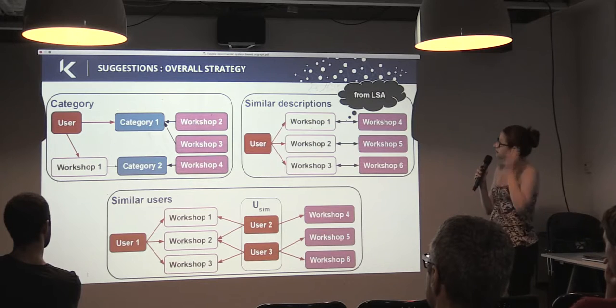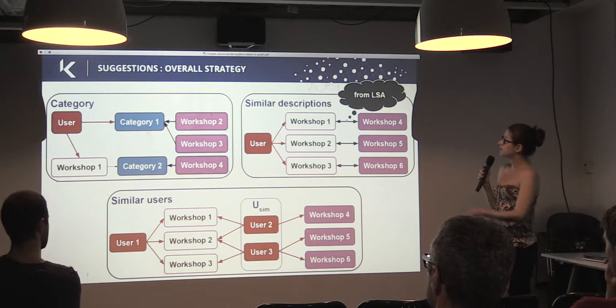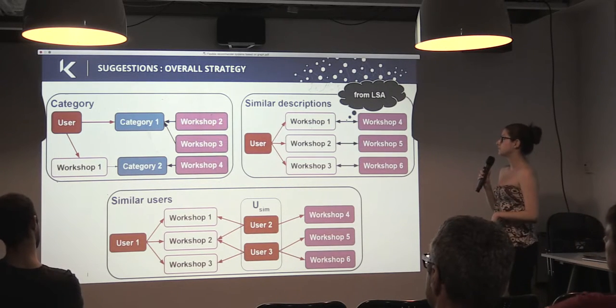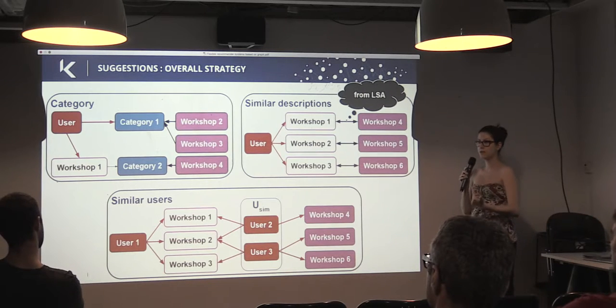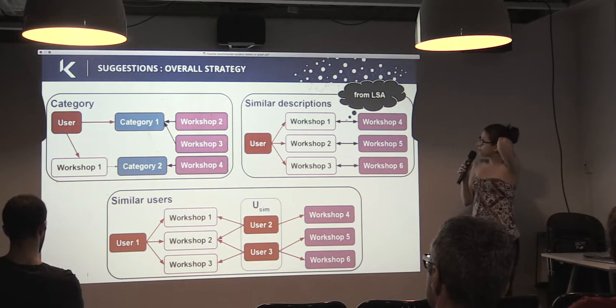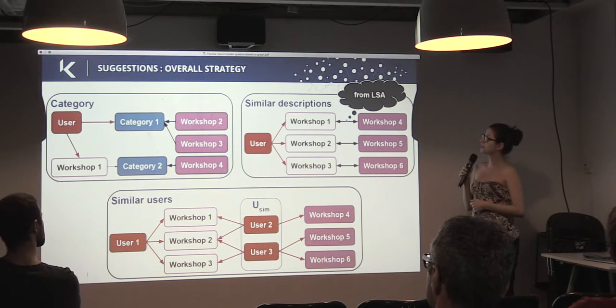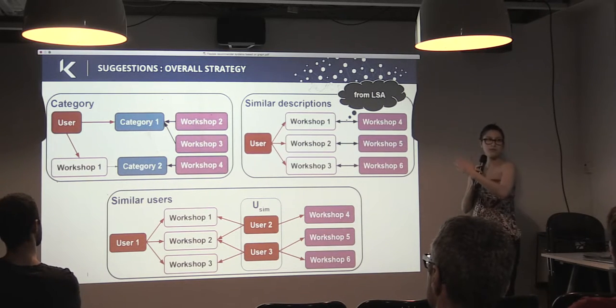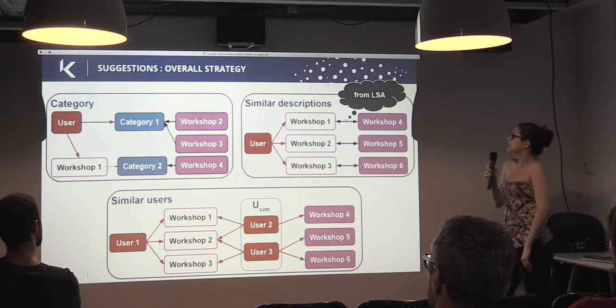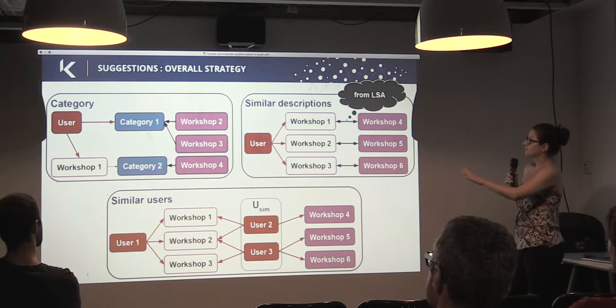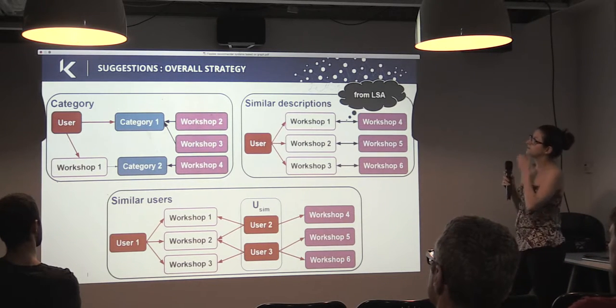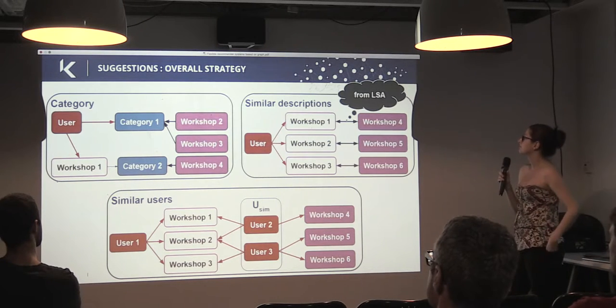It consists in retrieving all the categories that are linked to the user up to a degree of 3. So for example, we will retrieve all the categories that the user has directly followed, but also all the categories that are linked to workshops that the user followed. Then, among this subset of categories, we will recommend to the user the most popular workshops.